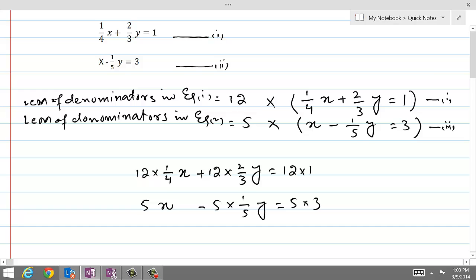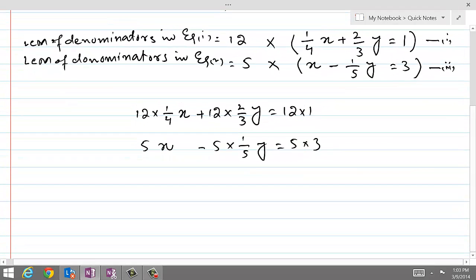So this is the equivalent system, and we can still name it as equation 1 and equation 2.